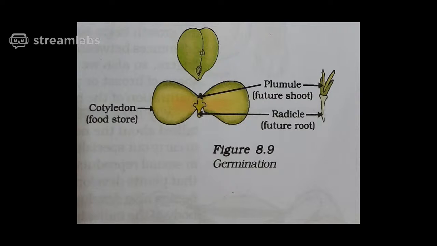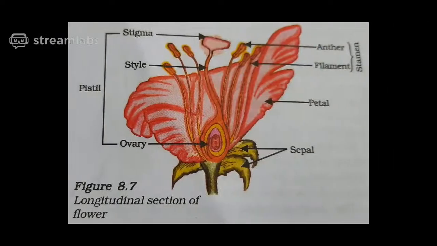Now this is another image. First, let me know which plants produce the flowers. The flowers, the beautiful, attractive parts, are always produced only in angiosperms. Remember, angiosperms produce flowers. The flowers produce seeds.